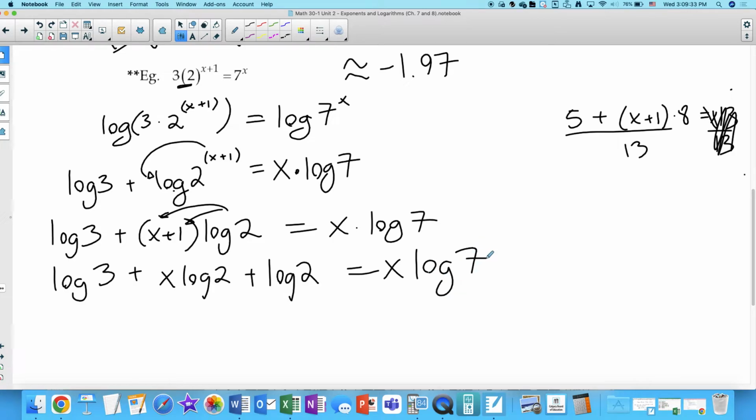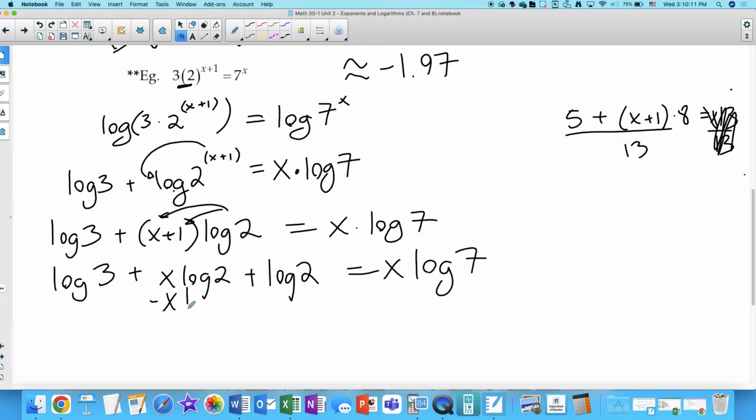Okay? Now what? Yes, subtract it, right? When you're solving a linear equation, collect x terms. So once everything's expanded, collect x terms on one side, collect numbers on the other. So these are both numbers, but this is an x term. So I'm going to subtract x log 2 from both sides.